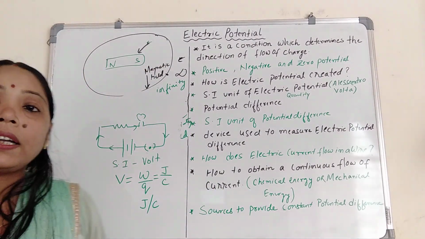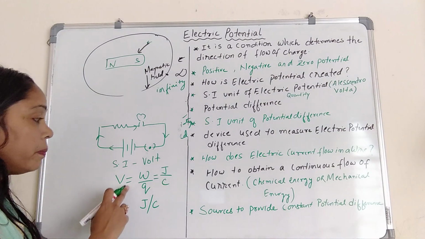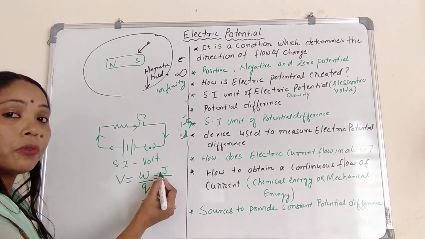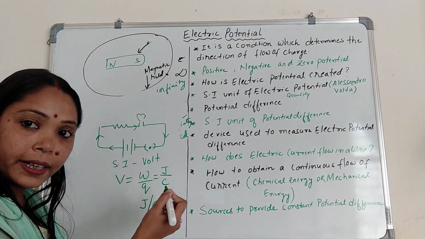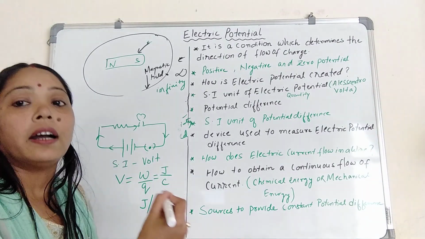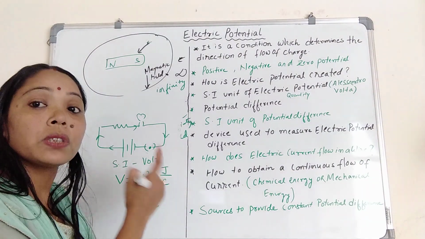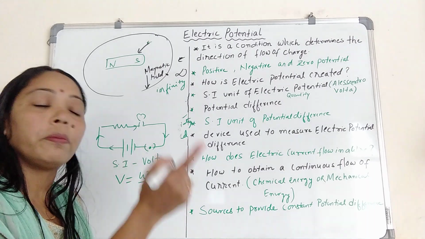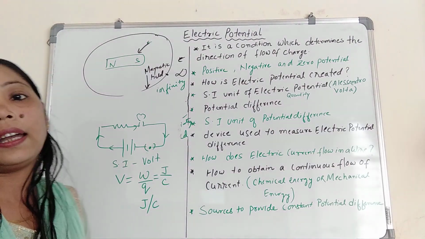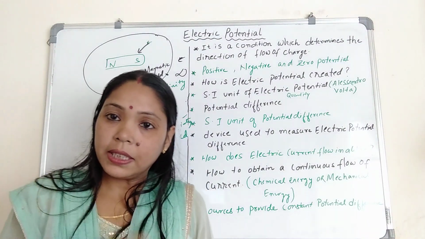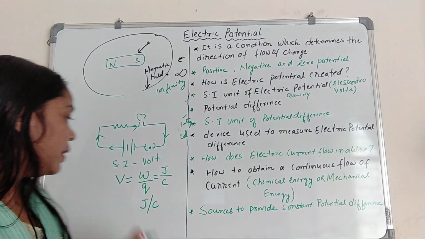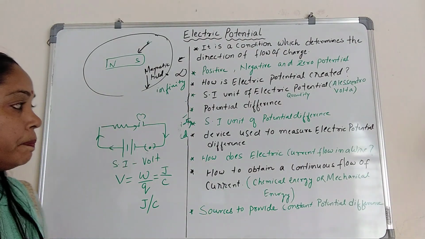Now how can we define 1 volt? 1 volt means 1 joule of work done is required to bring a unit charge, that is 1 coulomb of charge, from infinity into that field. In this way we can define 1 volt.